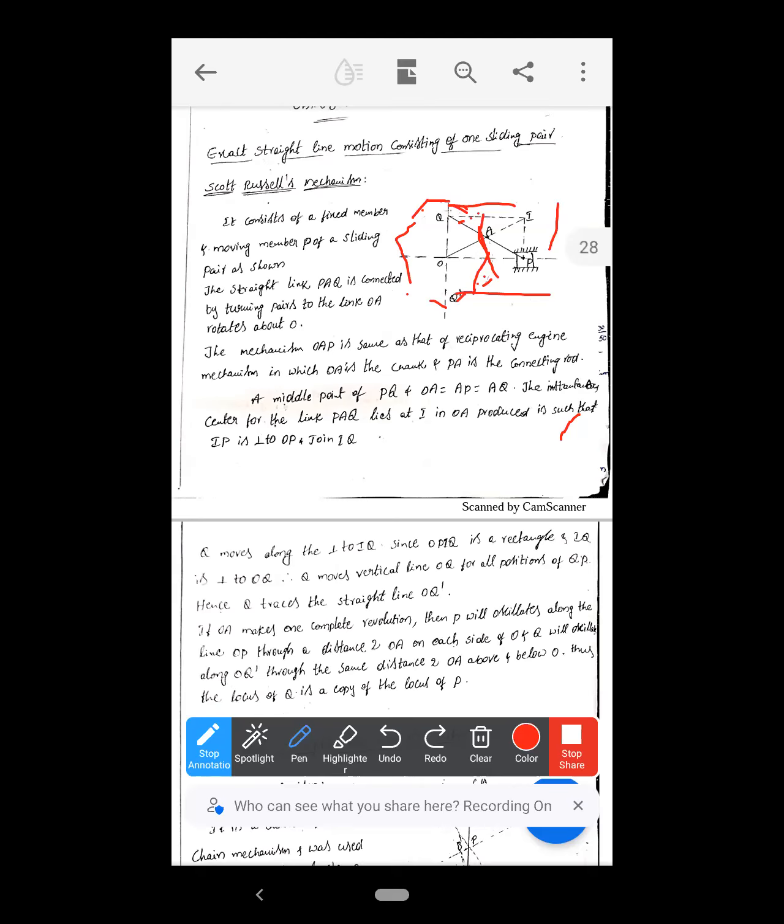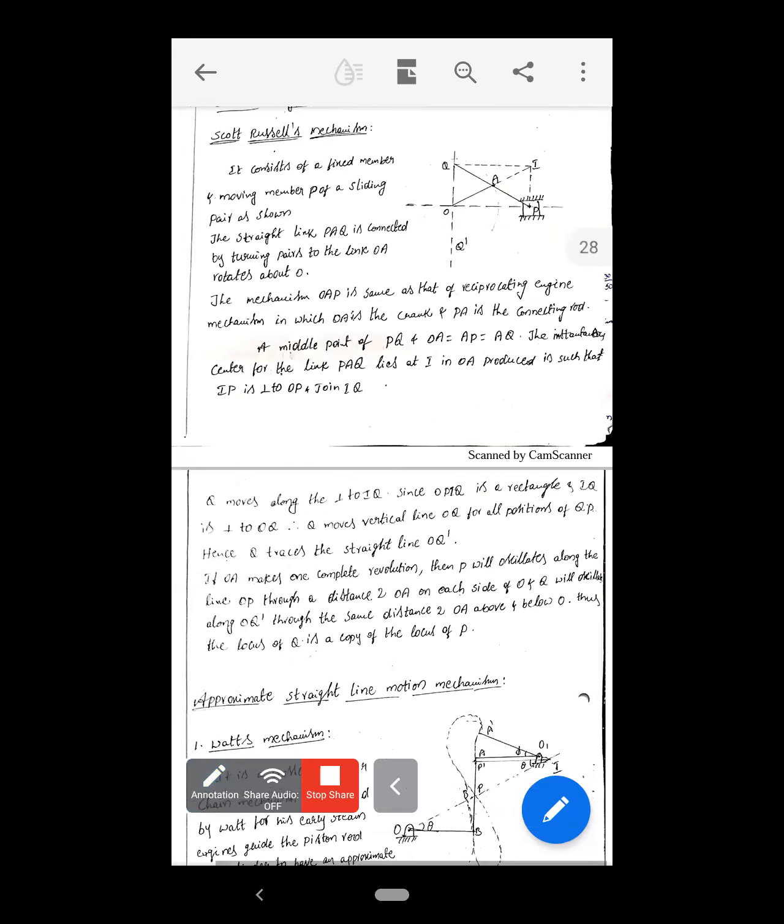So it is an exact straight line motion mechanism. When we prepare the mechanism, we achieve the exact straight line motion. We have done this in our particular derivation, for this particular mechanism.